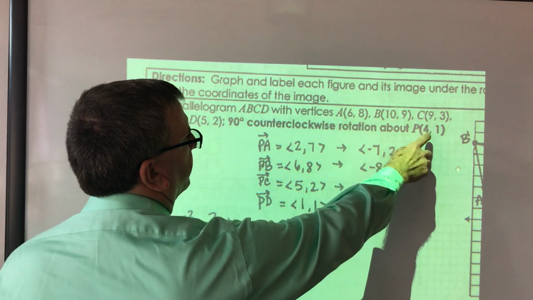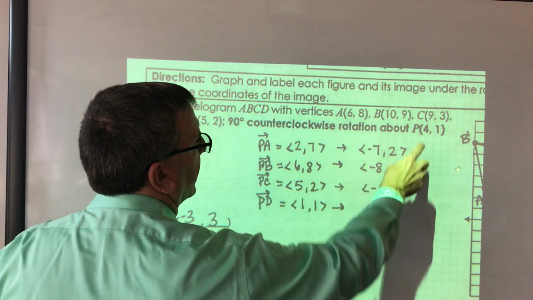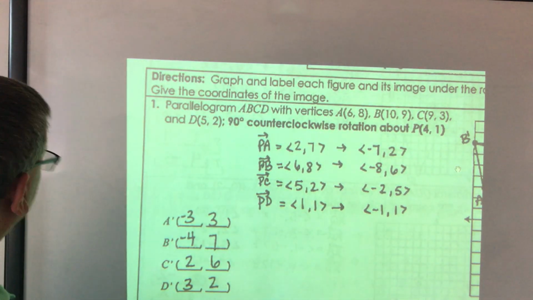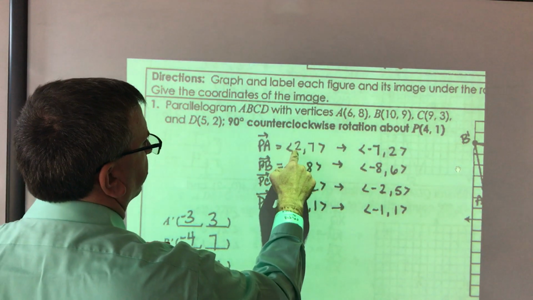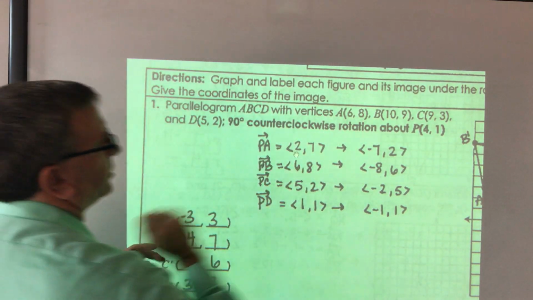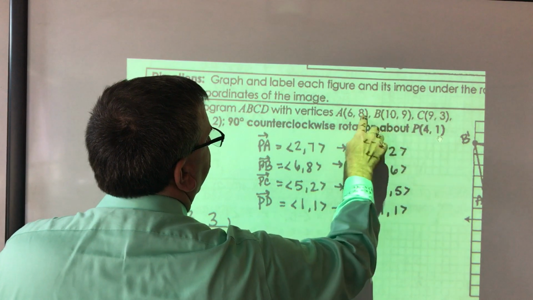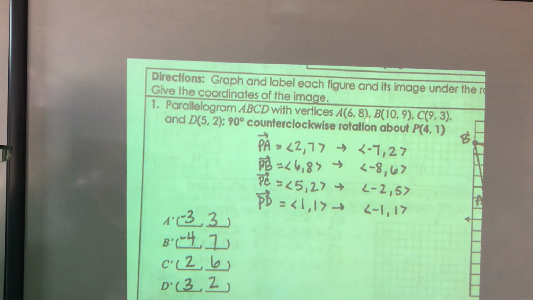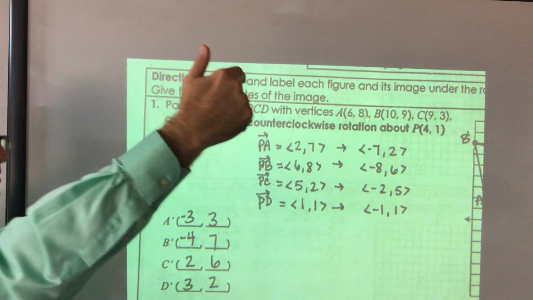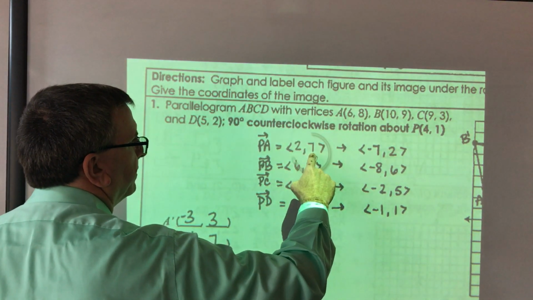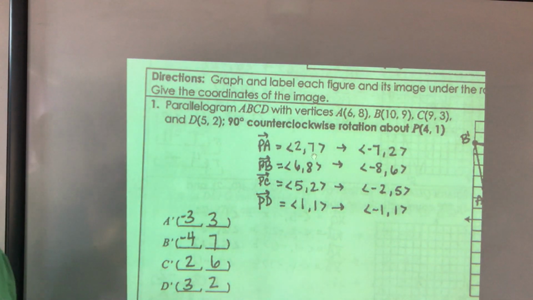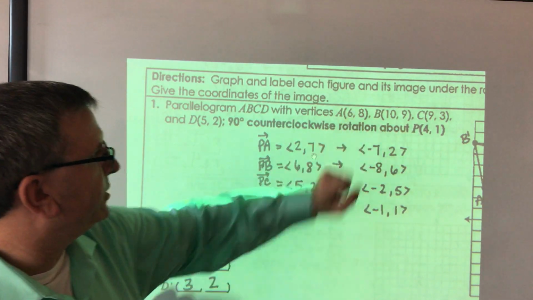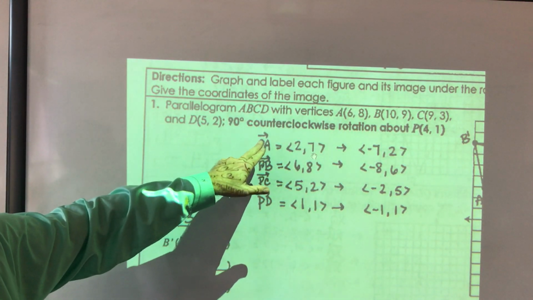How far did I have to go to the left or to the right to go from 4 to 6? To the right, so it's positive 2. To go from 1 to 8, did I go up or down? I went up 7. So that's my vector from the point of rotation to A. That's why it's the vector PA.